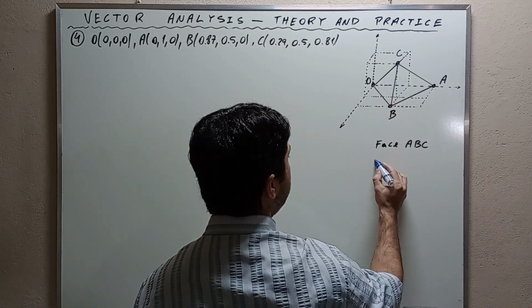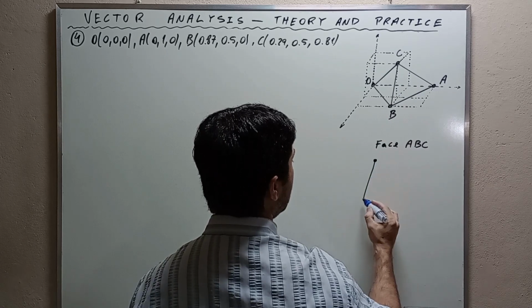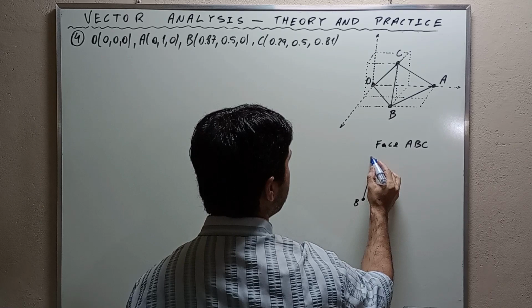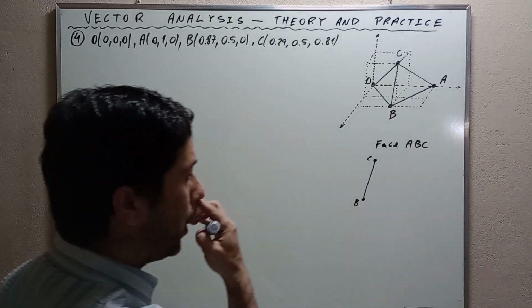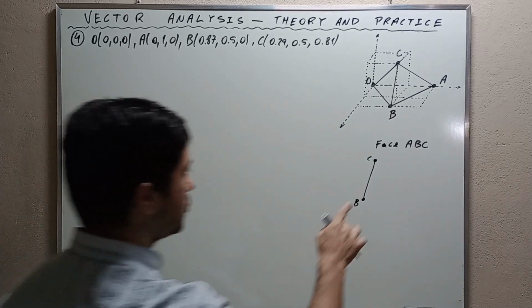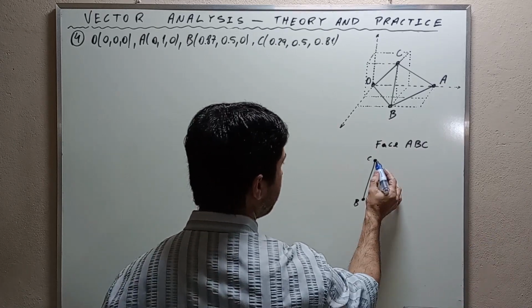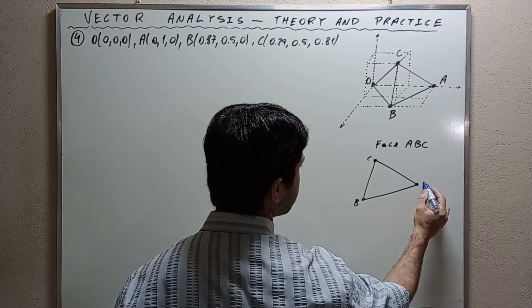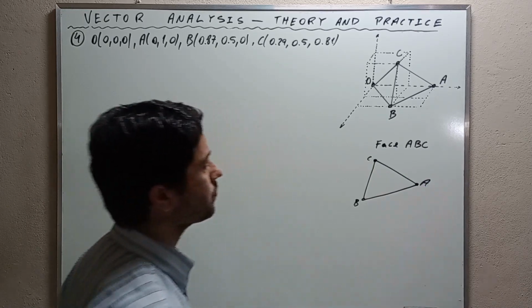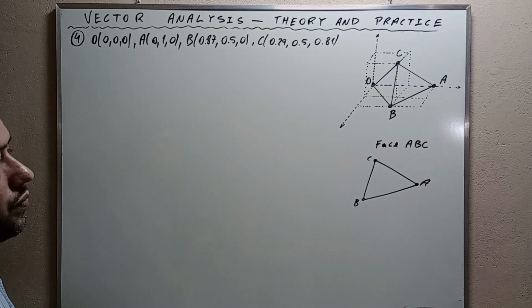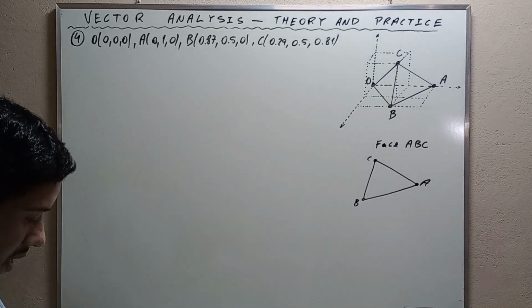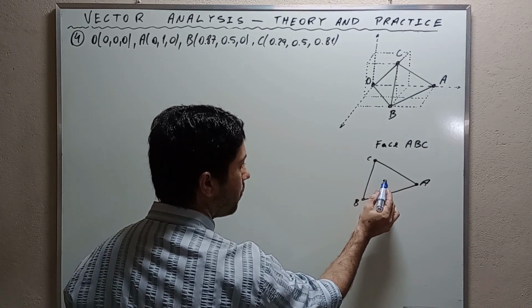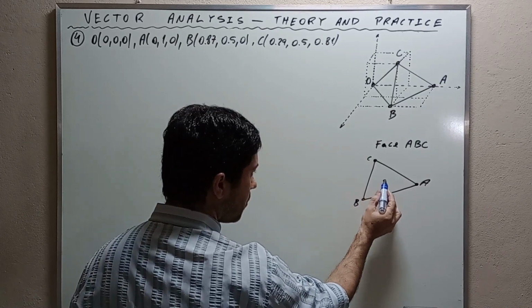Here is C. Below it, B. And to the right, A. Okay? And the unit vector points outwards. Like this.